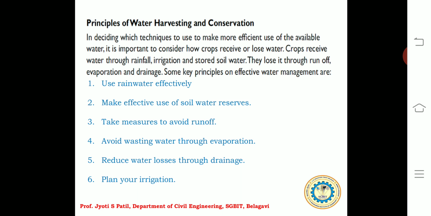The third principle says take measures to avoid runoff. Runoff is where water is not absorbed by the soil but runs across the surface away from where the crop can use it. Structures such as contour schemes, terracing, pits and bunds can reduce runoff.